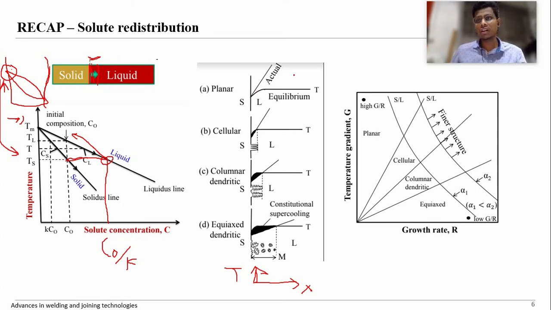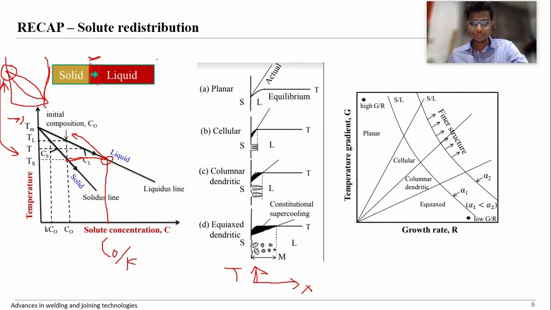That is generally observed in laser welding. Between planar and cellular, there is little interaction and a little supercooling, because of which we achieve cellular.